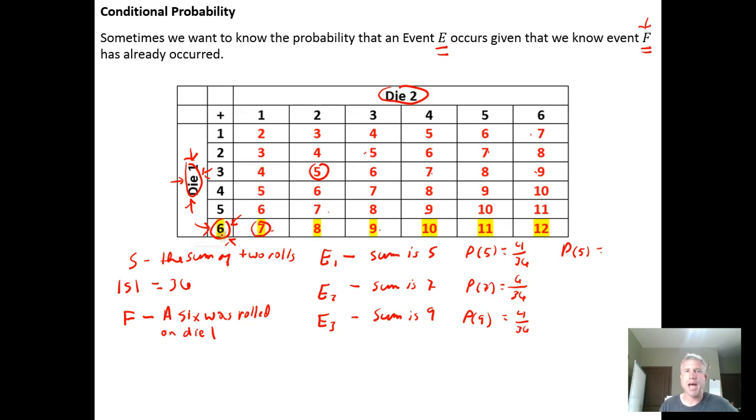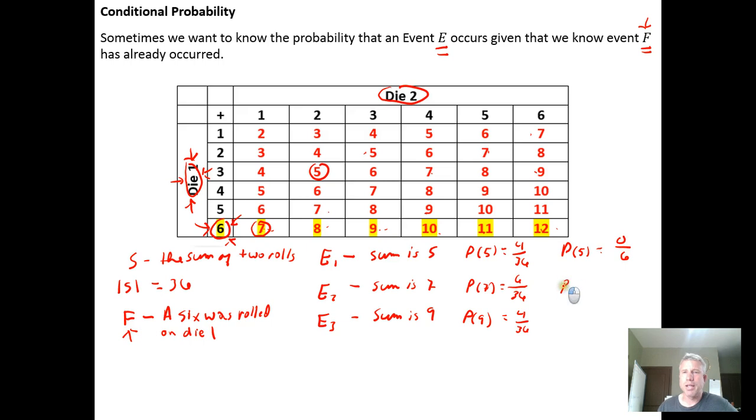We are already past 5, and the only possible sums are 7 through 12. So there's going to be a 0 out of, hey, F has happened, we rolled a 6. There's only 1, 2, 3, 4, 5, 6 things in the sample space that get a 6 on the first roll, and 0 of them are 5s. So there's no shot at getting a 5.